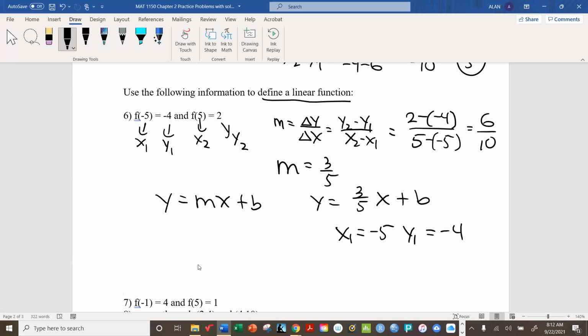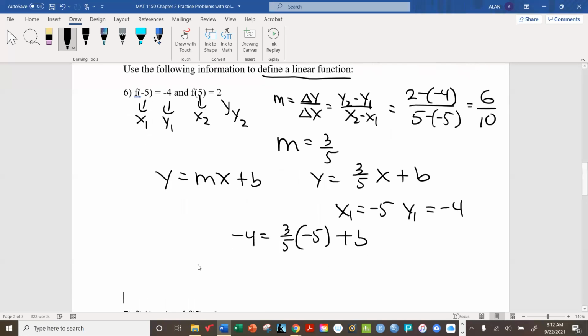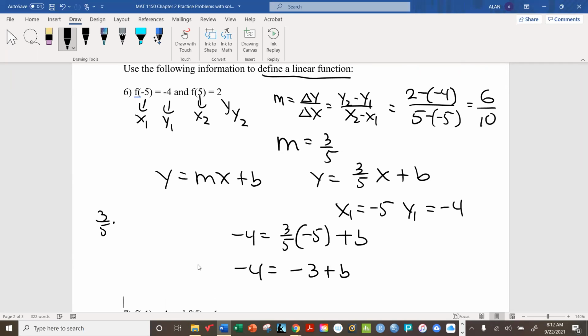So therefore, you could write -4 equals 3/5 times -5 plus b. And now what you have is -4 equals -3 plus b, because this is what you're actually doing. You've got -15/5, which is -3.